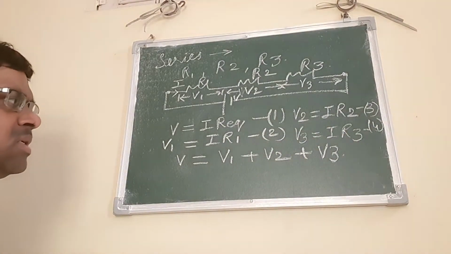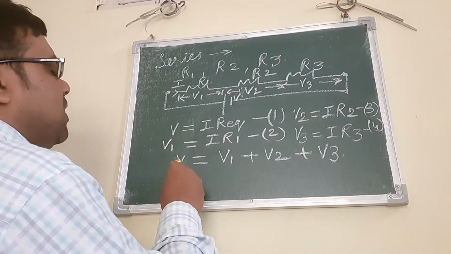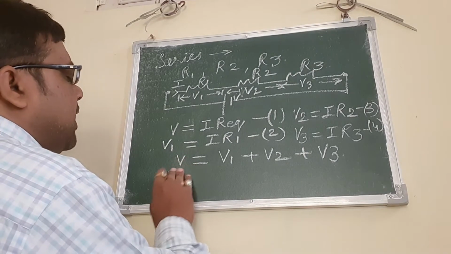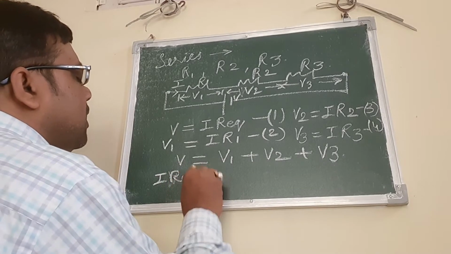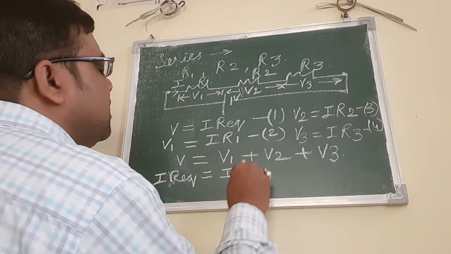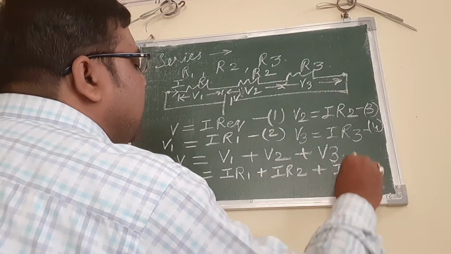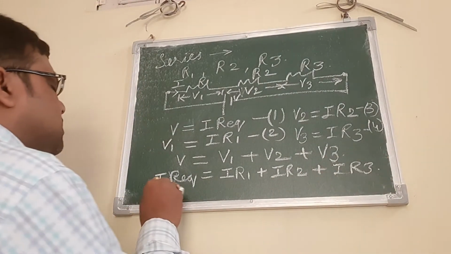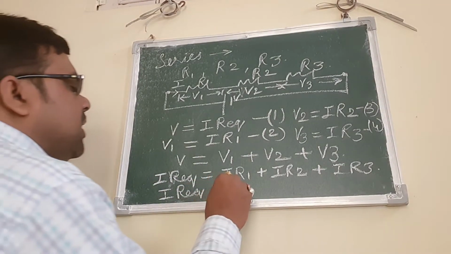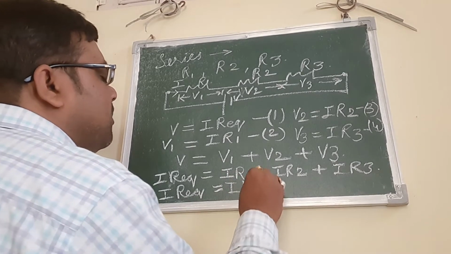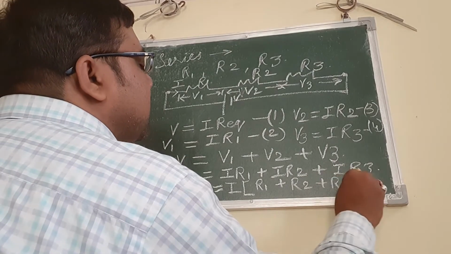Substituting the values of V1, V2, V3 and V from equations 1, 2, 3, 4, we get I times R equivalent equal to I times R1 plus I times R2 plus I times R3. So we can simplify. I times R equivalent equal to I, taking common, R1 plus R2 plus R3.